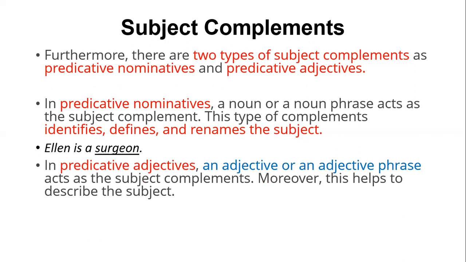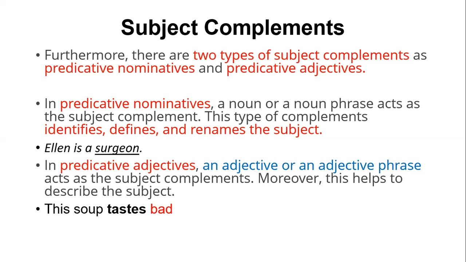That's why it is called a predicative nominative. Now next, in predicative adjectives, an adjective or an adjective phrase acts as the subject complement. Moreover, this helps to describe the subject. The soup tastes bad. Bad is an adjective, and it is describing the soup. And soup is the subject.